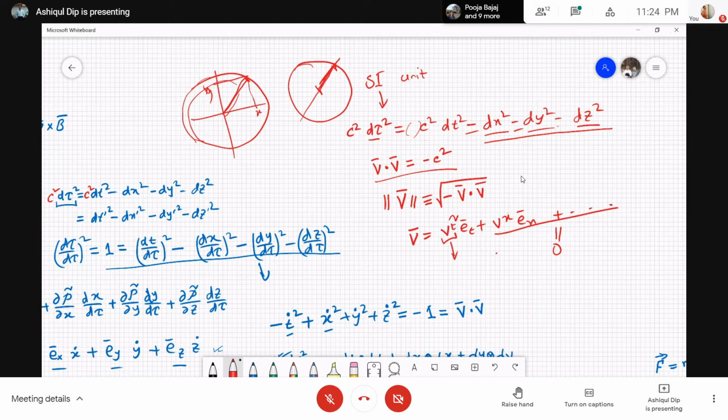But the norm will remain the same. The length of that rod will remain the same. x and y will change, but the square root of x square plus y square won't change. Here also it is the same thing.